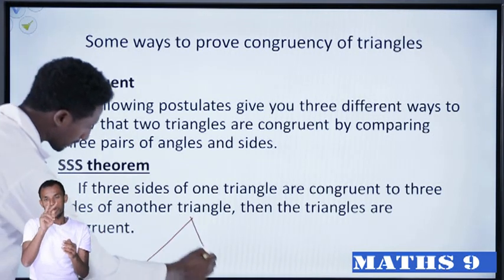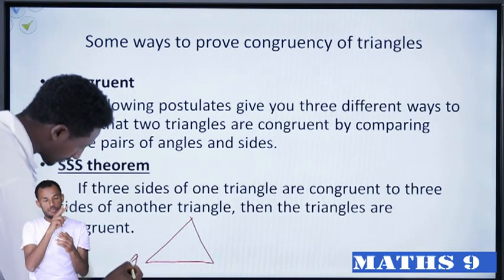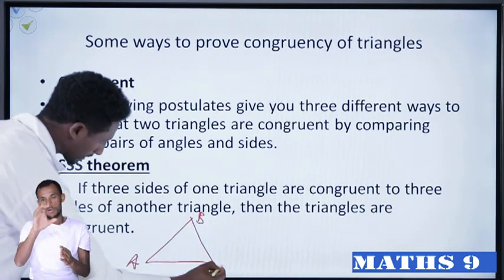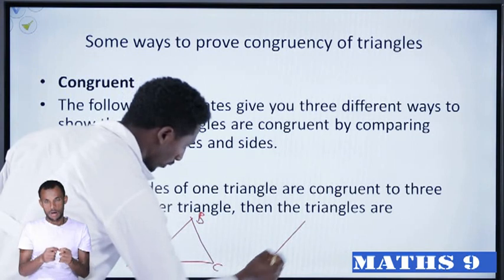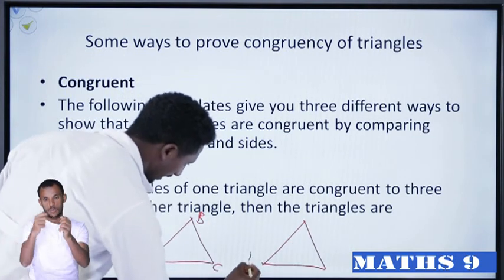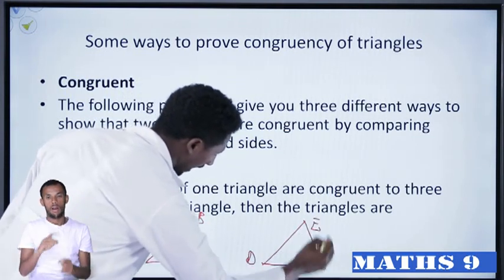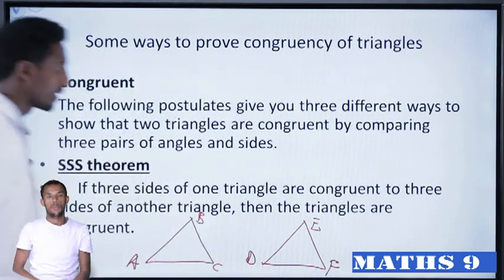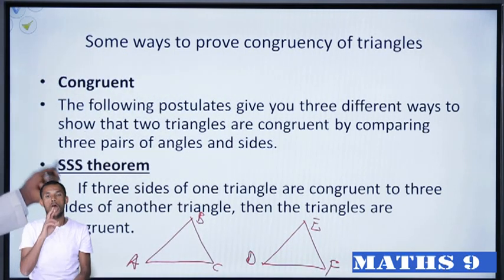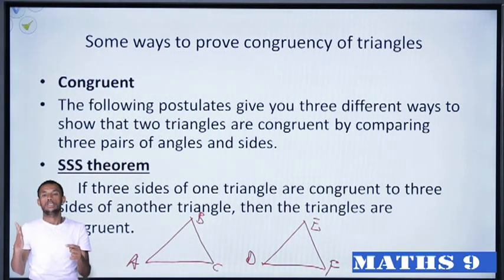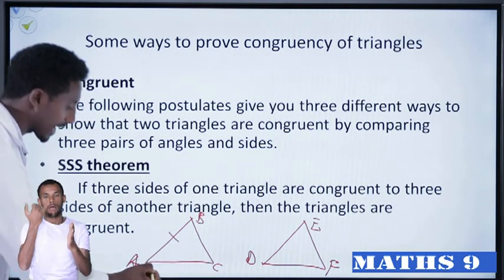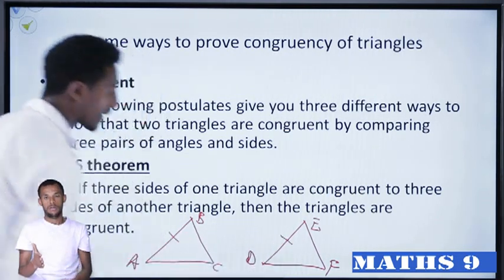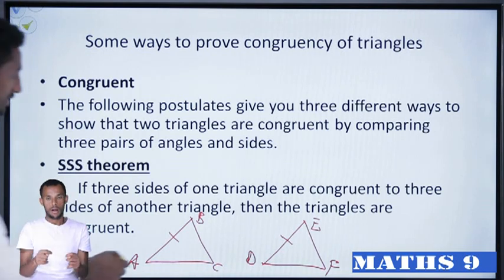If we take, for example, these figures, let triangle ABC be congruent with triangle DEF. They are congruent by the side-side-side congruency theorem, meaning 3 sides of one triangle are congruent with the 3 sides of the other.